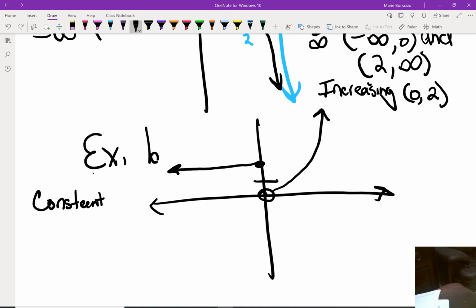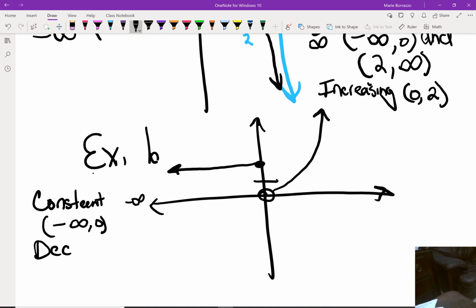Now, they did not give us a function. We don't know anything about the function. So what we see is the constant is from negative infinity to 0. Remember, this is where x is 0. When it comes to decreasing, this function is not decreasing at any point.